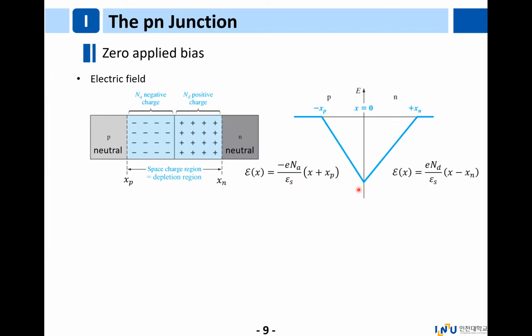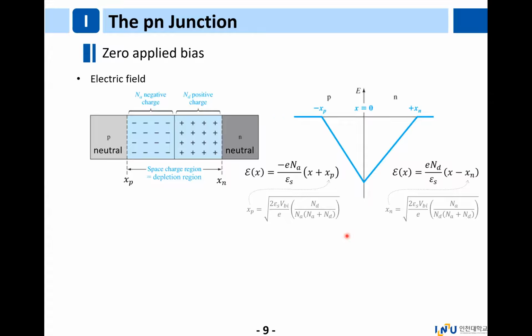To calculate this, we can substitute x equals 0 into the expression for the electric field, using the terms xn and xp that we derived earlier, right? But secondly, if we know the relationship between the electric field and potential, that allows for a more straightforward calculation.